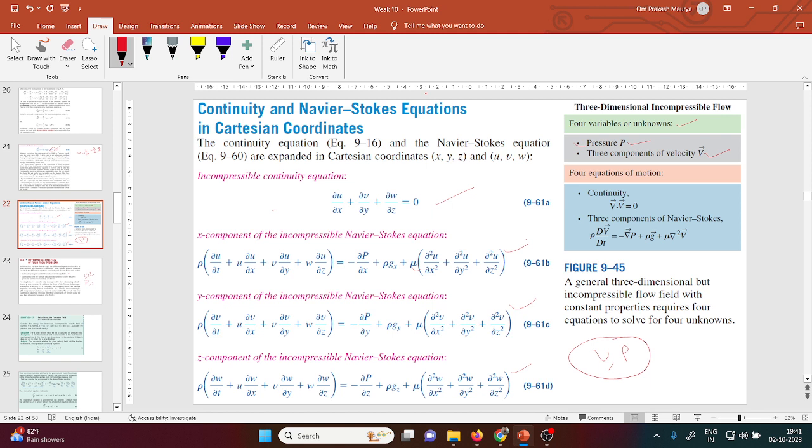So you are talking about the viscosity term being neglected. No, no. Why would it be neglected? The viscosity term will not be neglected. Your viscosity is actually related to shear stress. Shear stress is related with mu and del u by del y. In the Cauchy's equation, what was the problem?